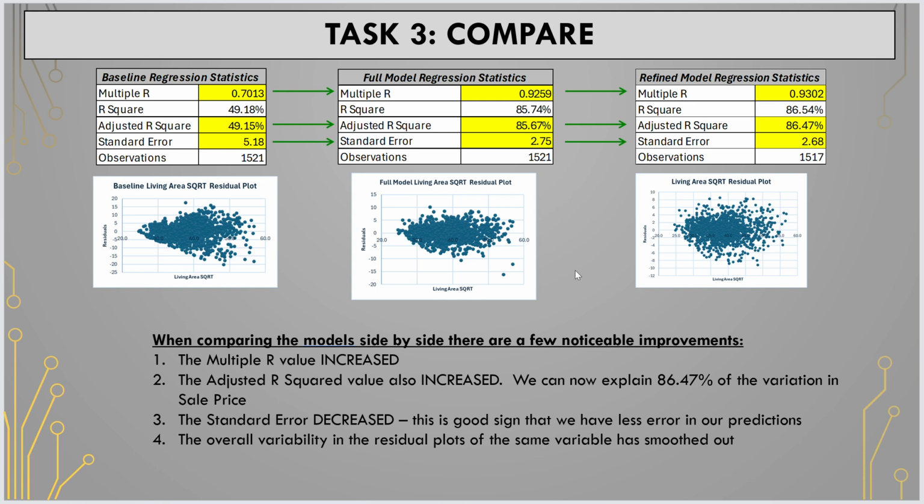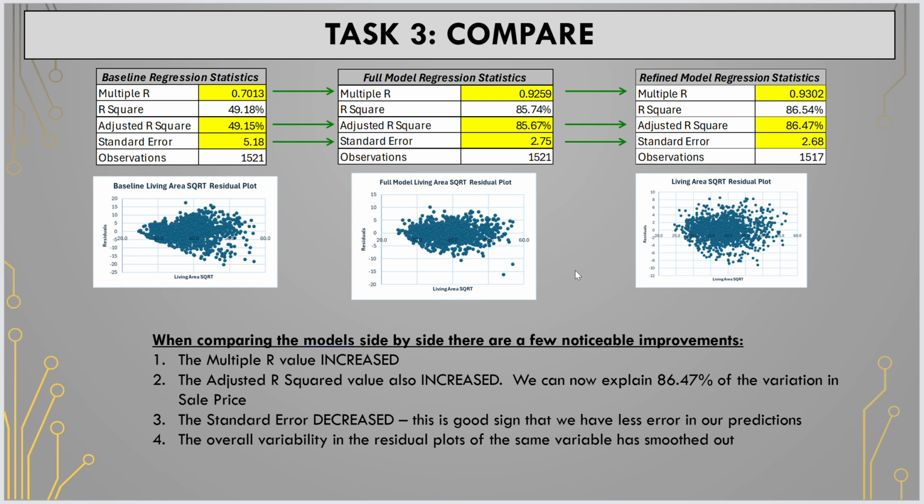When we move on to the full model, the adjusted R squared increases by over 35%. Okay, so we now have been able to explain 85.67% of the variation, or that's how much variation the model captures.